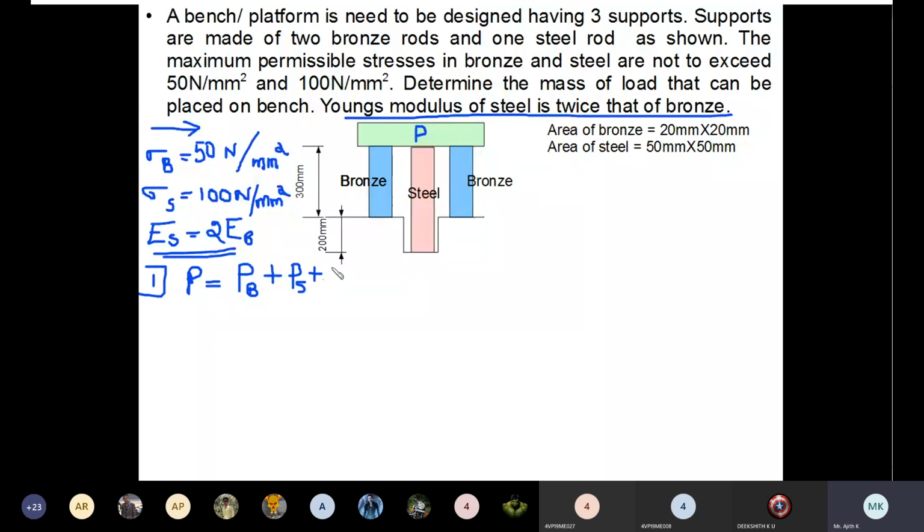There is one more bronze support. There are 3 supports here. So P is equal to PB plus PS plus PB, and this can be simplified as 2 times PB plus PS.